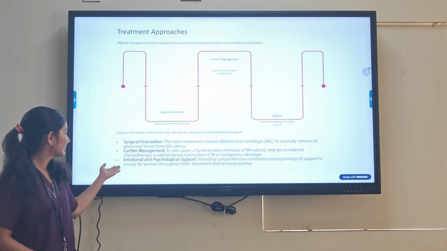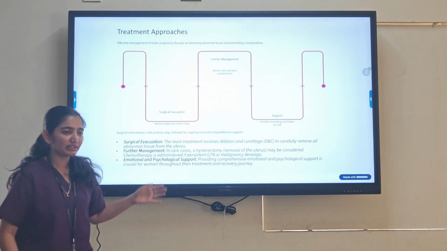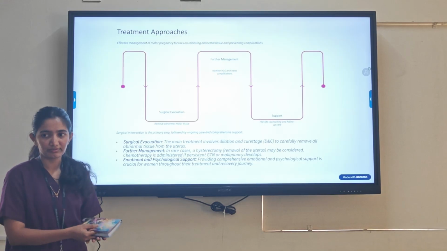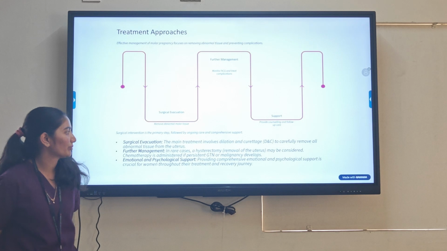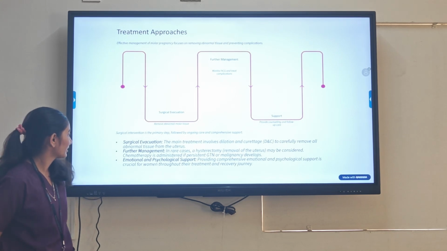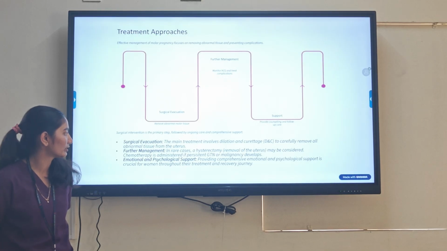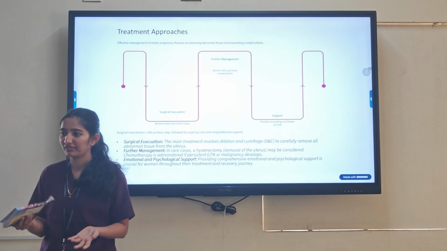Then emotional and psychological support. As we know, the woman will be going through too much after this process, so providing comprehensive emotional and psychological support is crucial for women throughout their treatment and recovery journey, with support from family or friends.